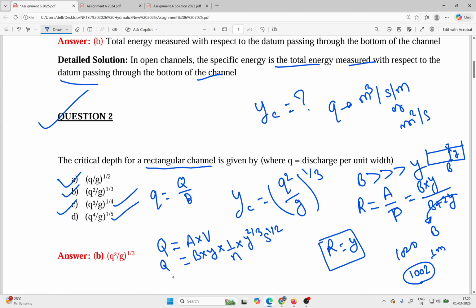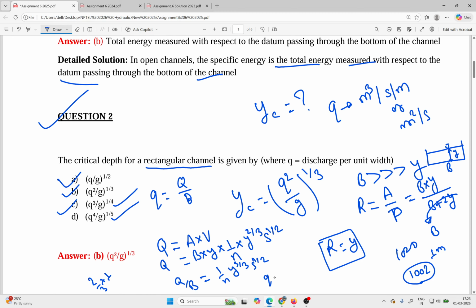Now q by B you can write very easily here, equal to 1 by n, Y to the power 2 by 3 and 1. The power will be 5 by 3. So 5 by 3, S to the power 1 by 2. Now everything in the question is given. So this is your q, which is q by B, a small q.